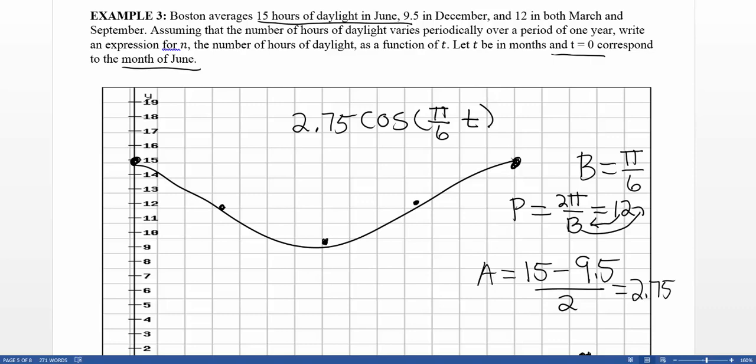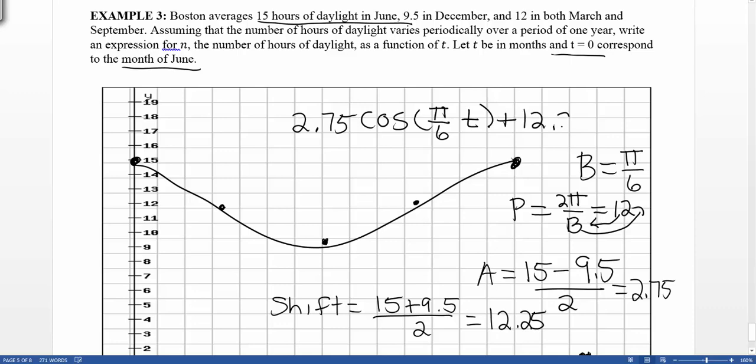If I use the shortcut, then my shift is going to be the maximum plus the minimum, so 15 plus 9.5 divided by 2. So if I were to divide that out, I would get 12.25.